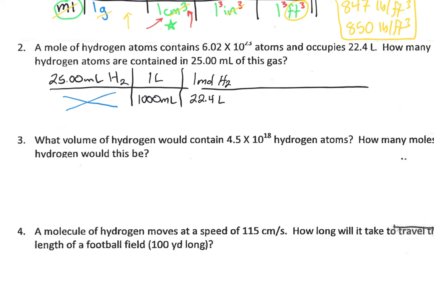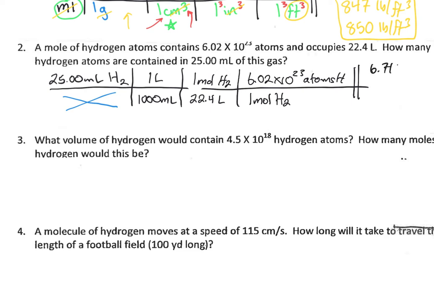And you could get specific and say atoms there. And then 1 mole also contains, because it told us 2 conversions in that problem, 1 mole of hydrogen contains 6.02 times 10 to the 23rd atoms of hydrogen. And I'm going to go ahead and stop, calculate.